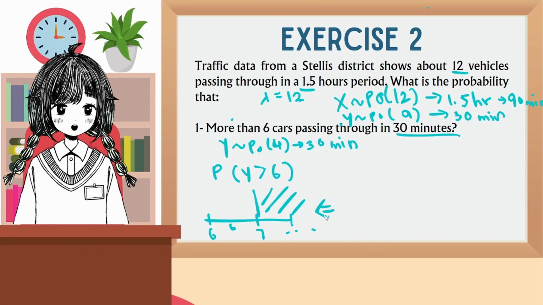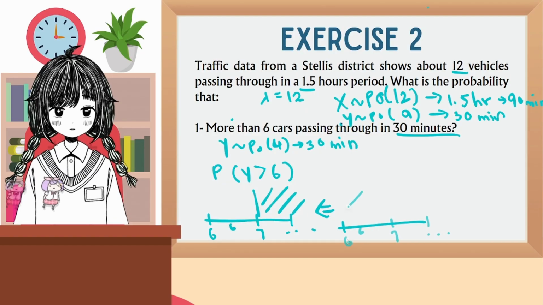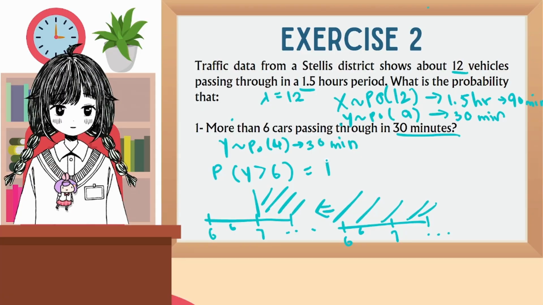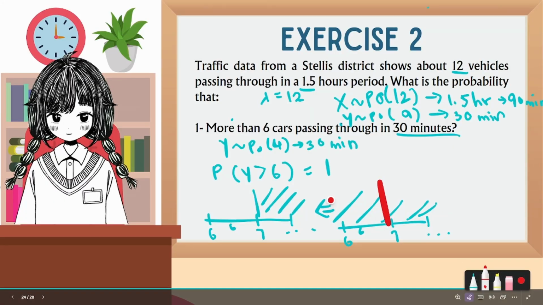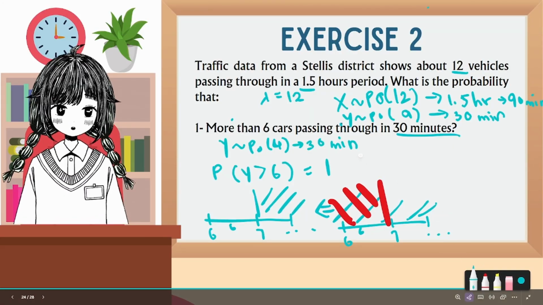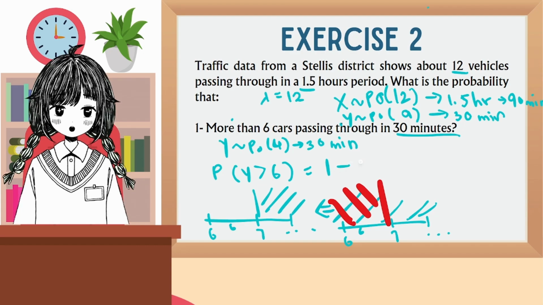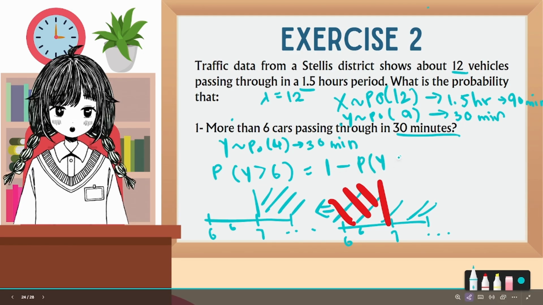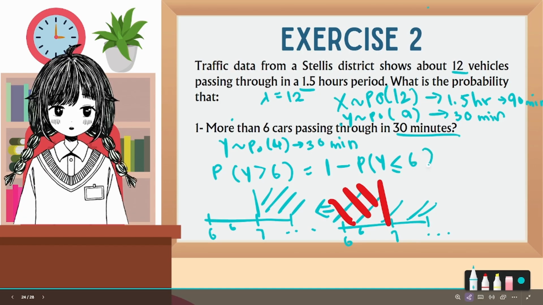So to find this, we take a whole 1 and get rid of less than 7. So it becomes 1 minus P(Y ≤ 6).